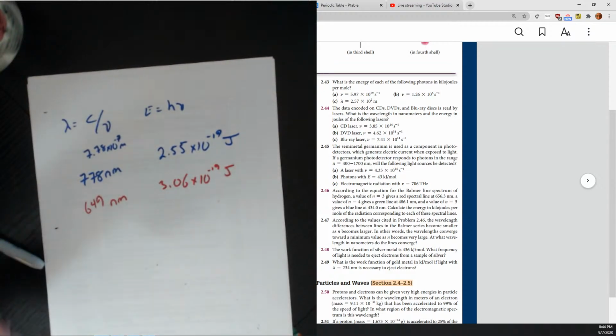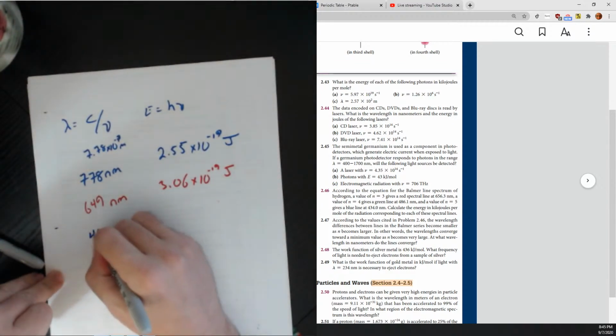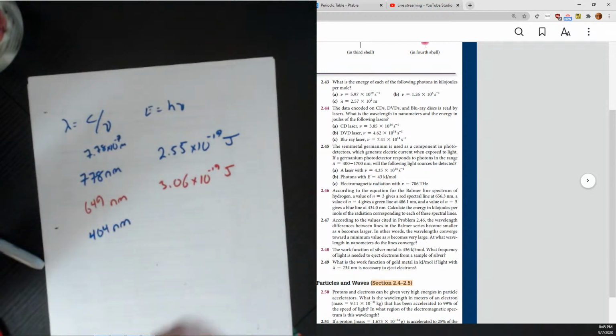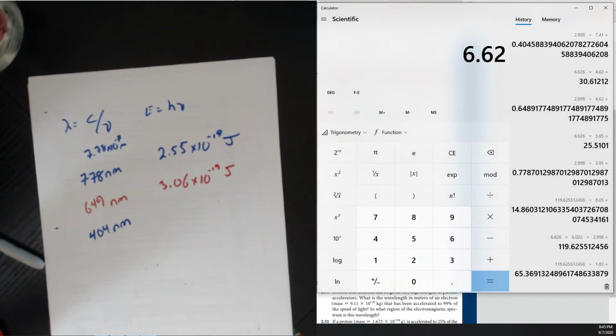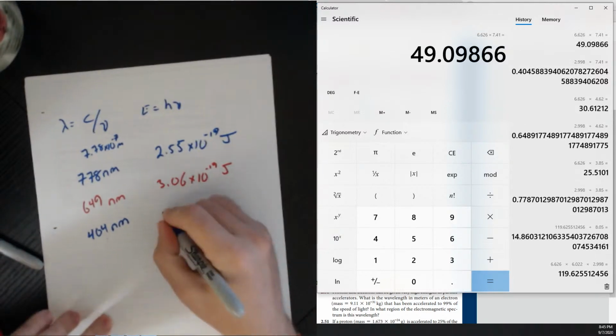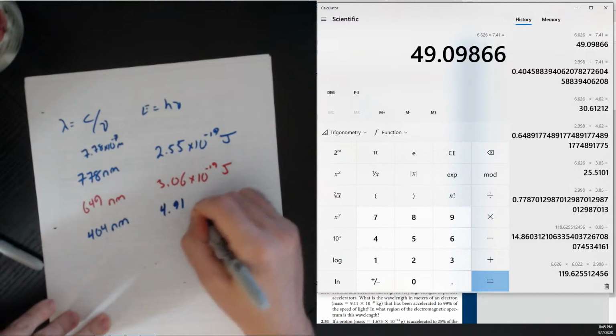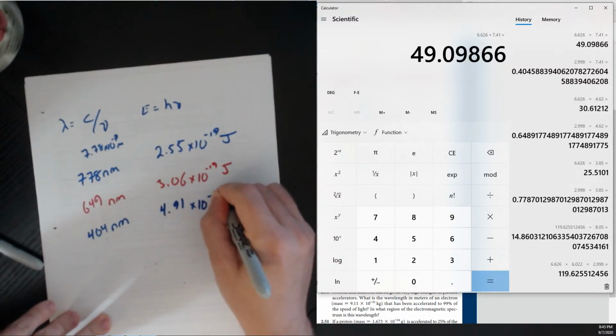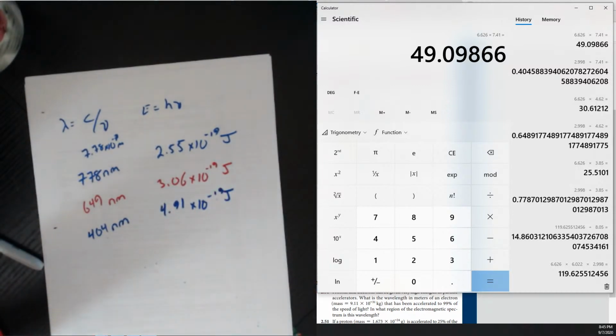That is solidly blue. And then 6.626 times 7.41 is 4.91 times 10 to the negative 19th joules.